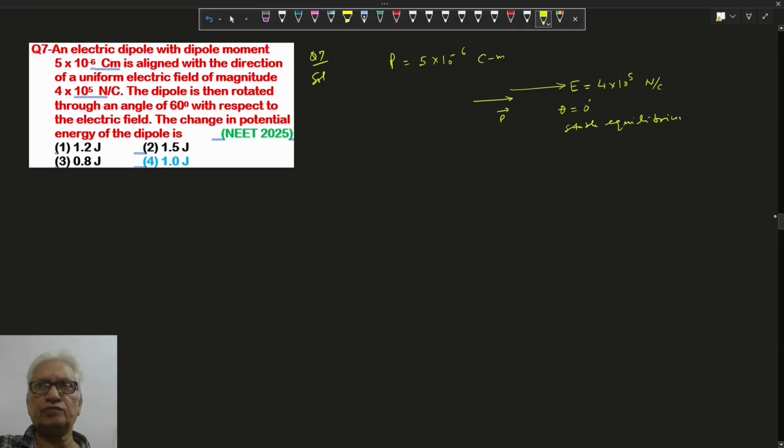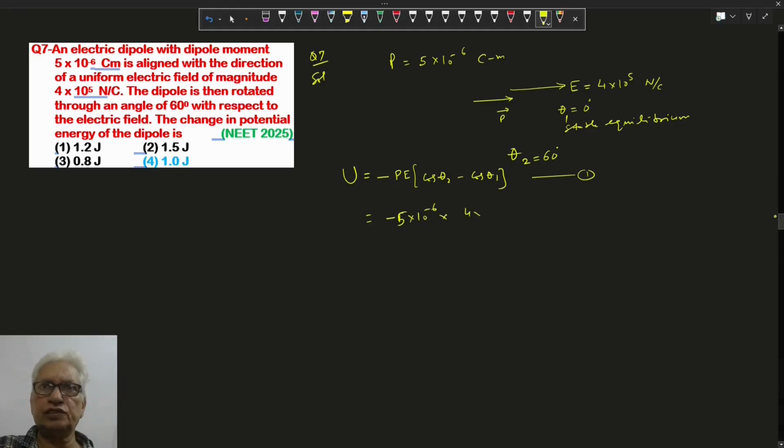Now from this position we rotated it by 60 degrees, so theta 1 is 0 degree and theta 2 is 60 degree with electrical field. Change in potential energy will be minus PE into cos theta 2 minus cos theta 1. This is the formula. Put P, P means 5 into 10 to the power minus 6.